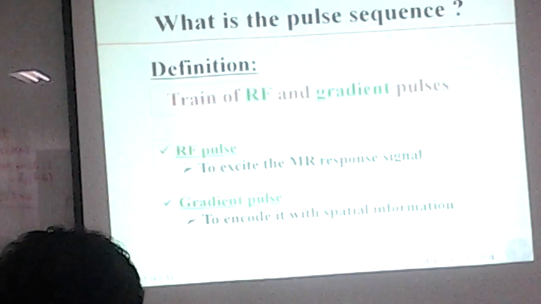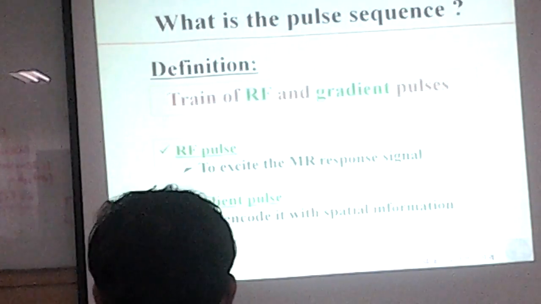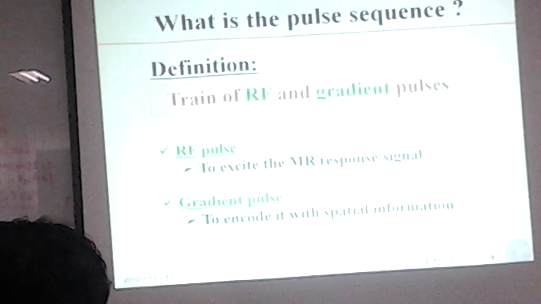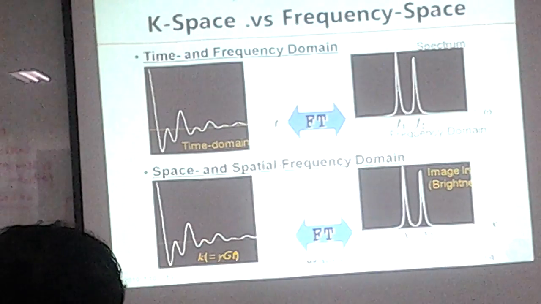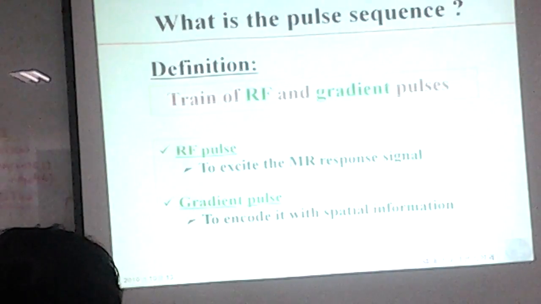I would like to talk about how you can get the MR image using this concept. The definition of a pulse sequence is the train of RF and gradient pulses. As I explained about the MR hardware, there are RF coils and gradient coils.